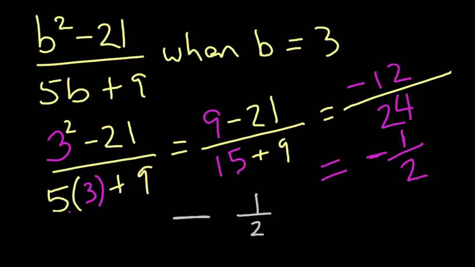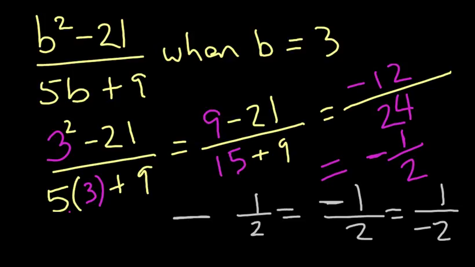When I did this answer, my negative sign came out in the top. That's fine. Sometimes the negative sign comes out in the bottom. But all 3 of those things are equal. They only have 1 negative sign. If they had 2 negative signs, the negative signs would divide out and it would become a positive. So it doesn't really matter where your negative sign is on a fraction as long as you have it.